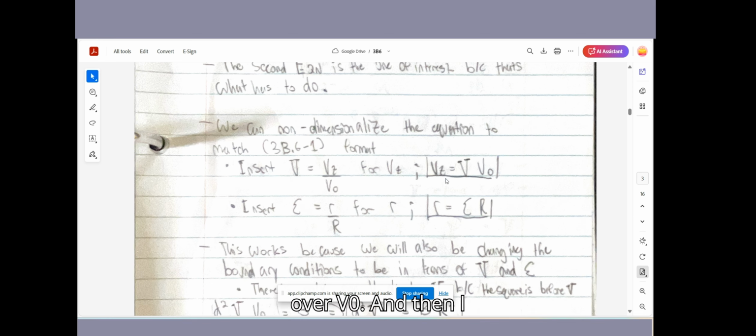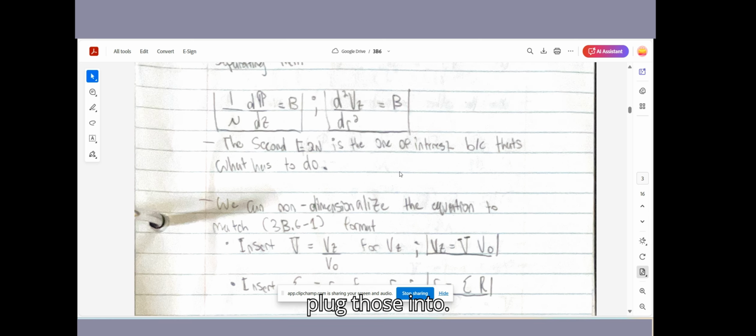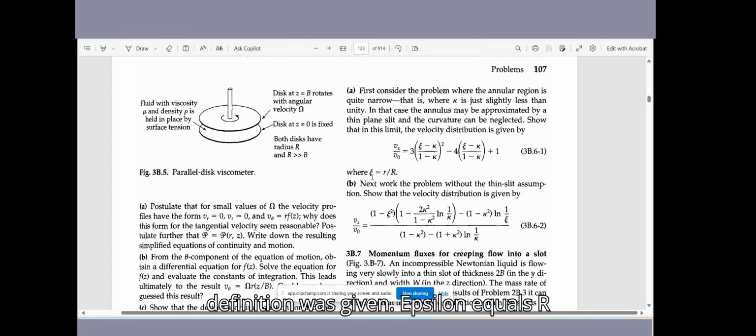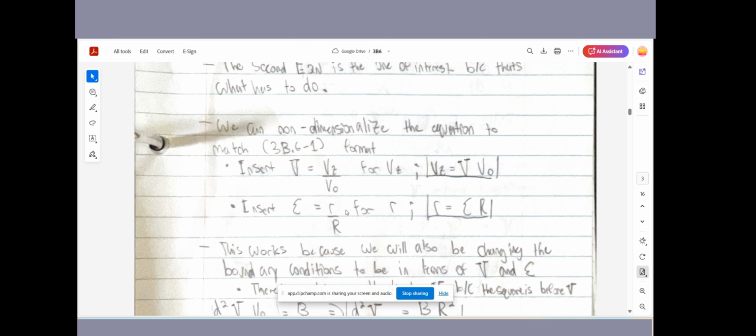Then I solved for vz in terms of big V and v0. I would plug big V v0 into here, and I would plug in epsilon equals r over R, which was given, for r.